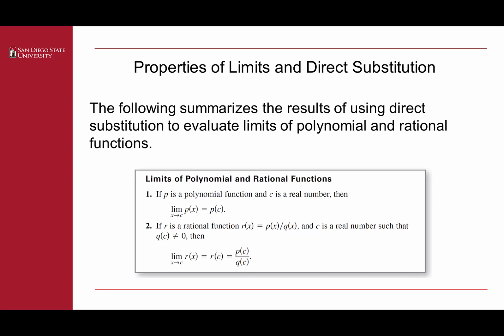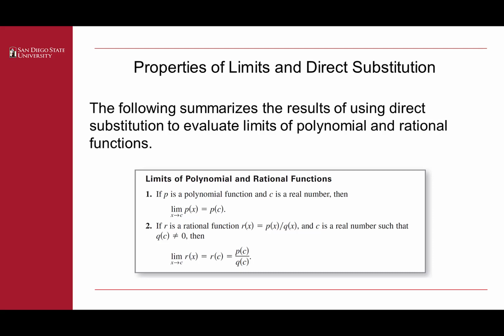So the following statements summarize the results of using direct substitution to evaluate limits of polynomial and rational functions. So if p is a polynomial function and c is a real number, then the limit of p of x where x approaches c is p of c.